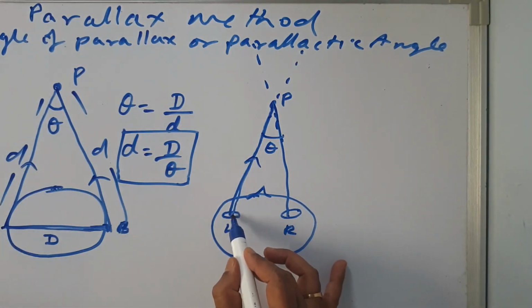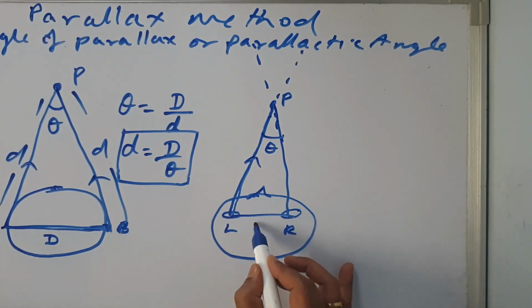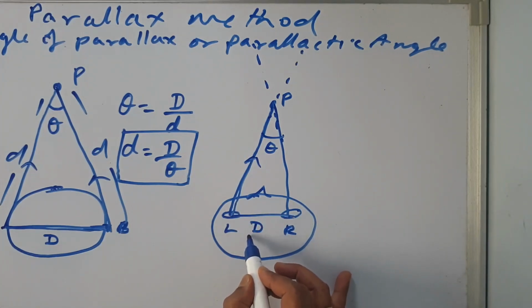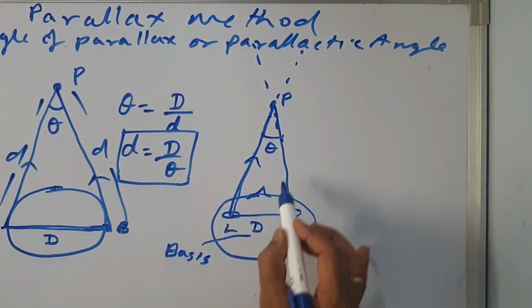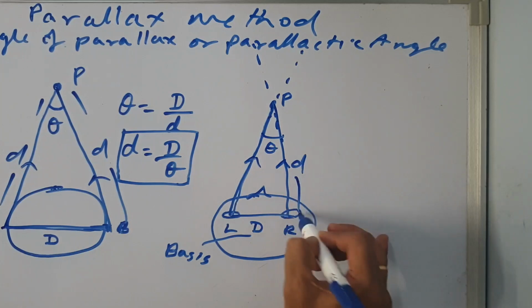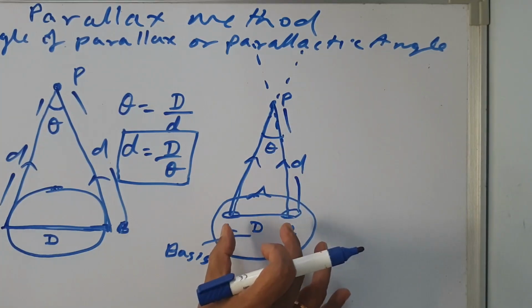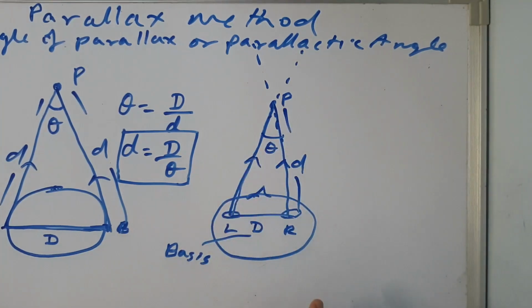Now, this distance between the two eyes, capital D, is called the basis. This basis upon small d gives you theta in radians.